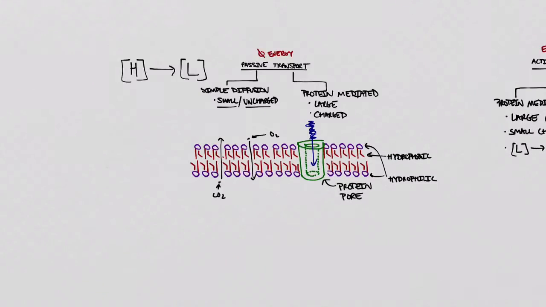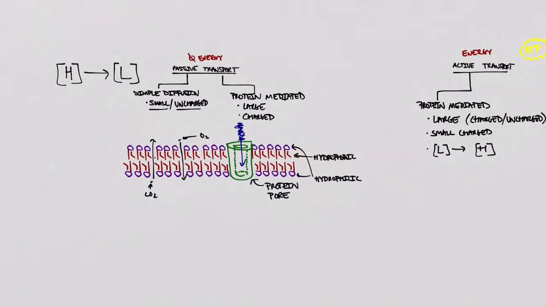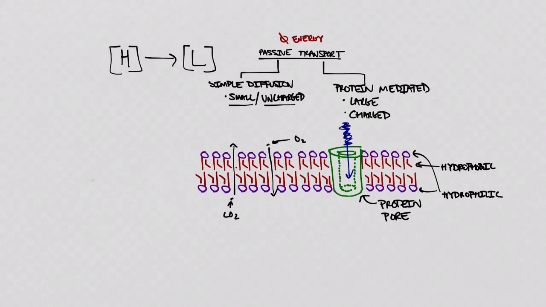This differs from simple diffusion. Simple diffusion cannot be controlled because these molecules are just diffusing through micropores that open up in the cell membrane. We can't control CO2 from leaving or O2 from entering a cell, or just basically moving from their area of high to low concentration.